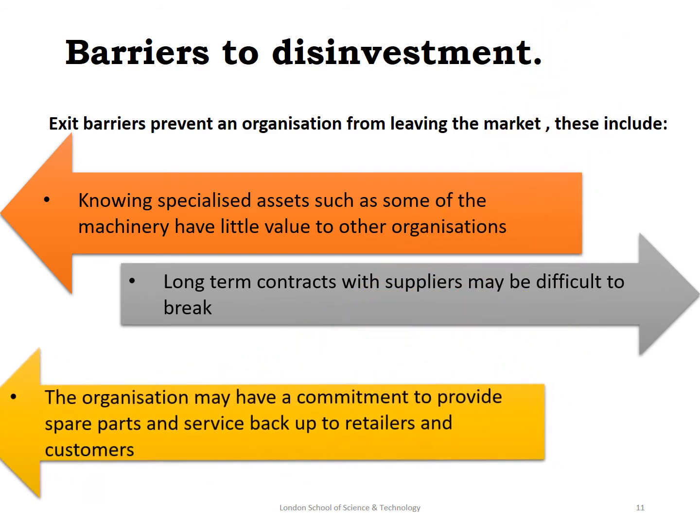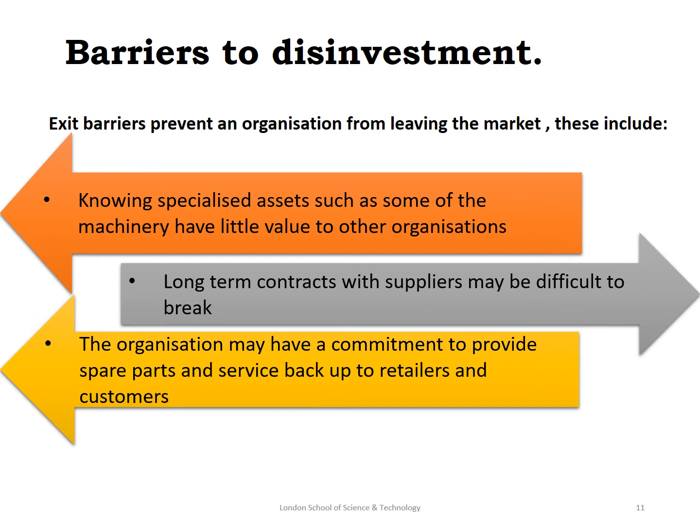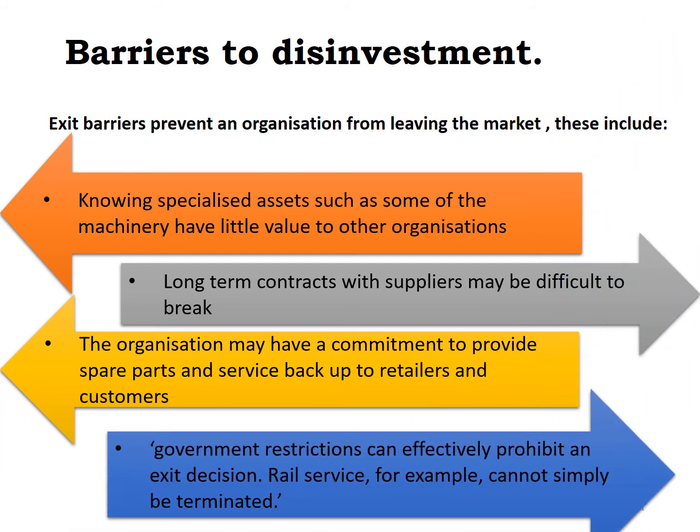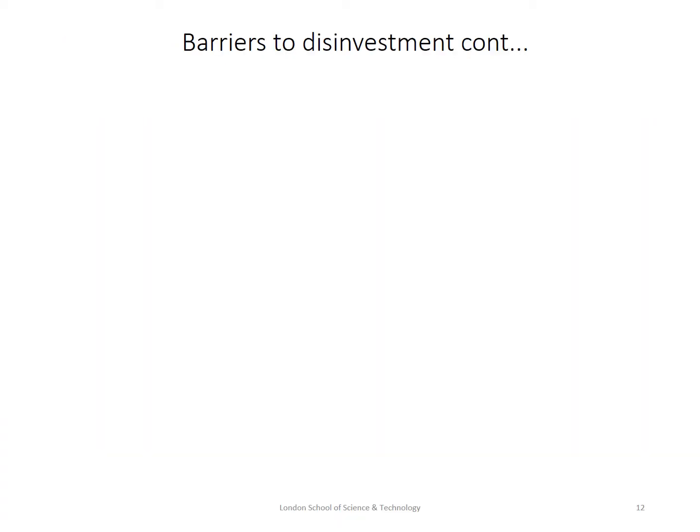Long-term contracts with suppliers may be difficult to break. The organization may have a commitment to provide spare parts and service back-up to retailers and customers. There might also be government restrictions that can effectively prohibit an exit decision, rail service, for example.